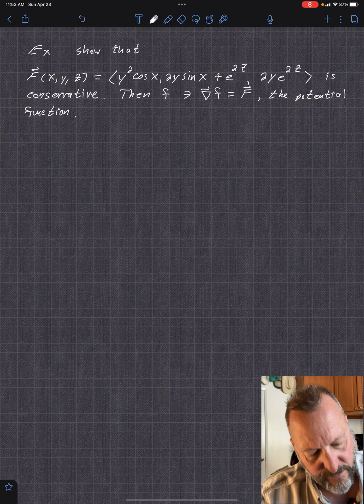So, good spot to do this on your own. Pause it and take the curl of that and show that it's 0. So curl F equal to, and then I like to write this all the way out. I leave space for i, j and k, like a lot of space this time. And then it's partial with respect to x, partial with respect to y, partial with respect to z.